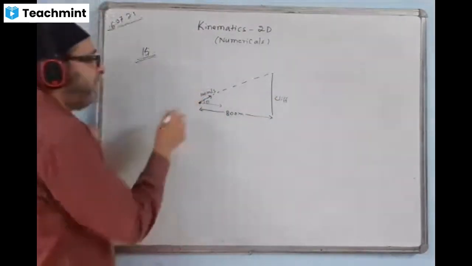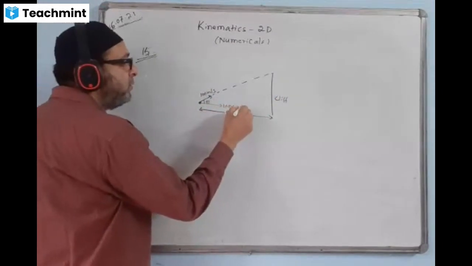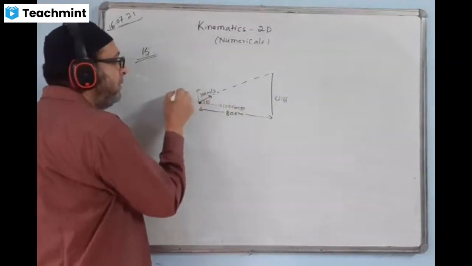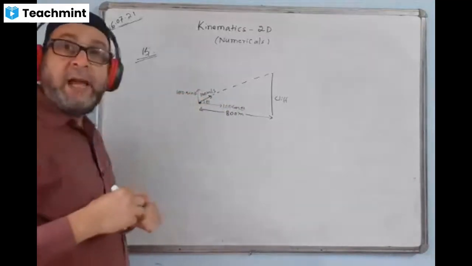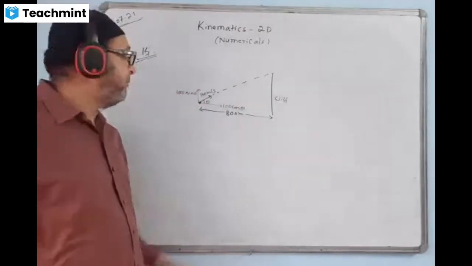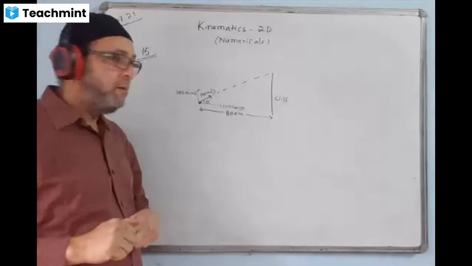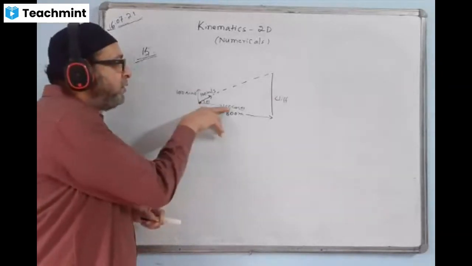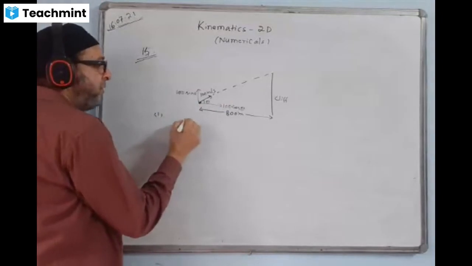Let us find it. We'll break 100 into two components: 100 cos theta and 100 sin theta. The time given is 10 seconds, and the horizontal velocity is 100 cos theta. Range is given.